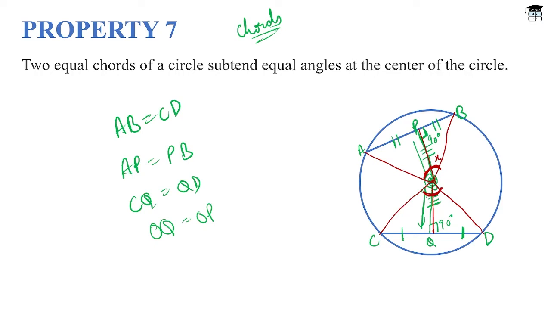That means x is equal to x, right? So this is what property 7 says, that two equal chords AB and CD subtend equal angles at the center of the circle. So equal angles at the center of the circle, that means x and x will be equal. Alright, so this is property 7.